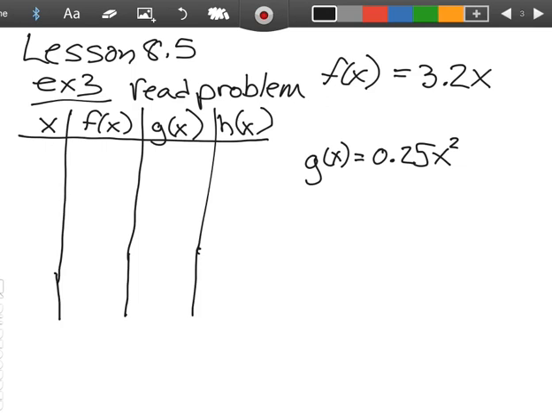And then the last one, city C, it seems like their population's the lowest, but notice this one is exponential. That means the variable is up in the exponent area. This will increase much faster than the other two.